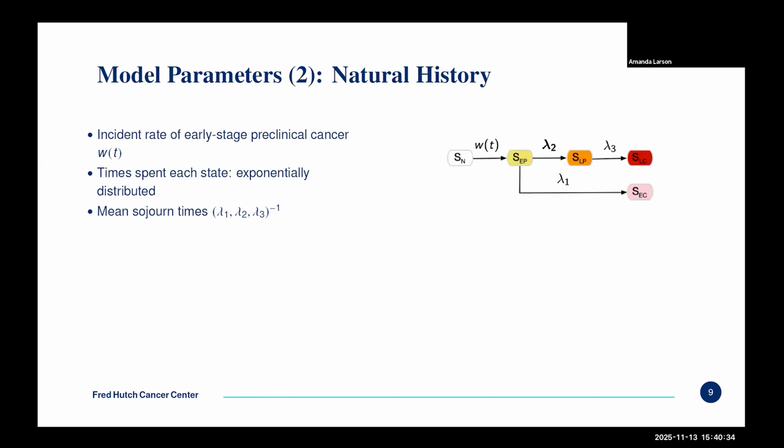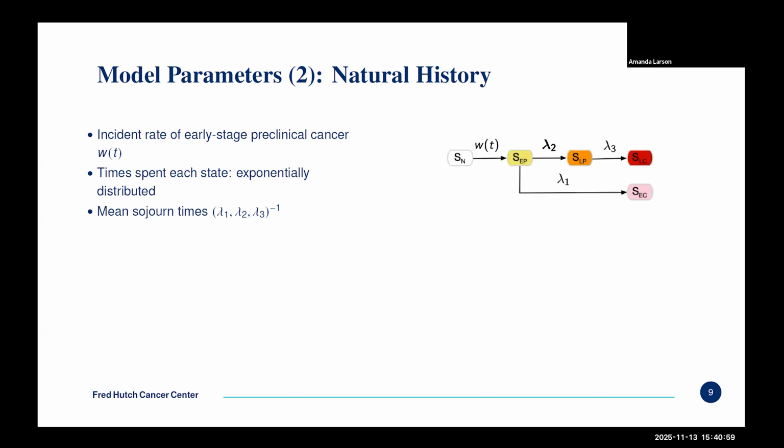The second set of parameters is the natural history. We need to look at how fast the cases will move between these states. The first one is how fast, population-wise, people will move into the early-stage preclinical cancer.